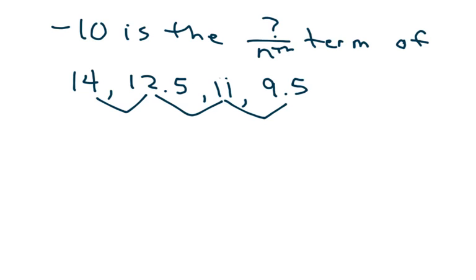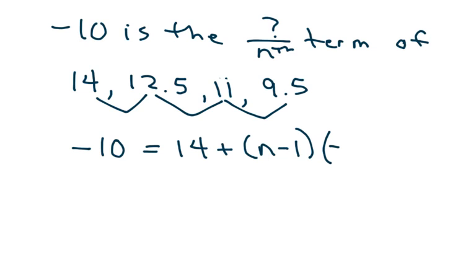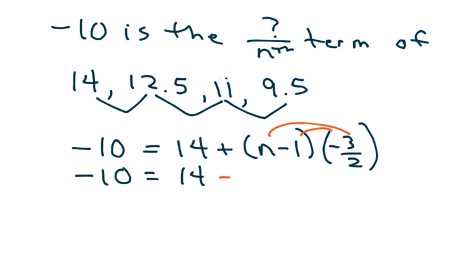So we have -10 is the last term we're looking for, equals our first term plus n minus 1 times your common difference, which is -3/2 or -1.5. Okay? So we're going to go ahead and take care of this. I'm going to distribute here. So you get -3/2 n plus 3/2.